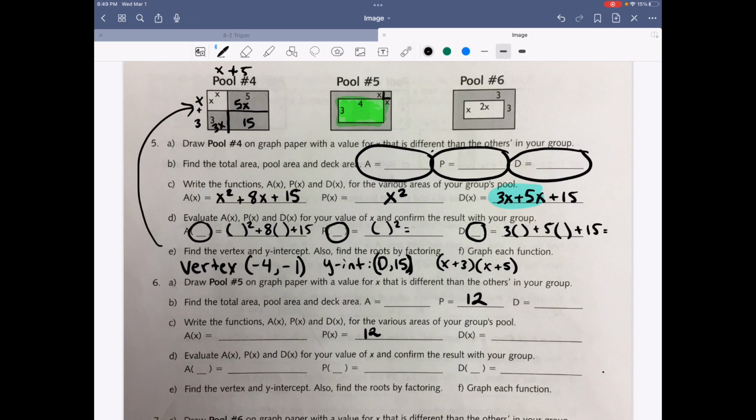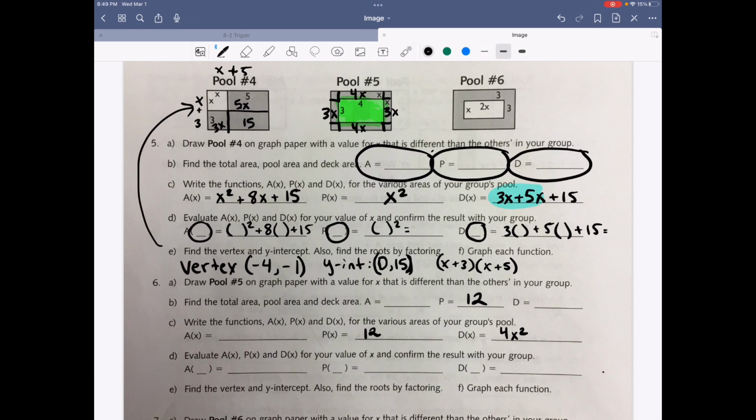But we have an x by x in each corner. X by x is x squared, so every corner is 4x squared. Then you have this piece of deck, which is 3x on both sides, because it's a width of 3, and you have this side, which is 4x on both sides.